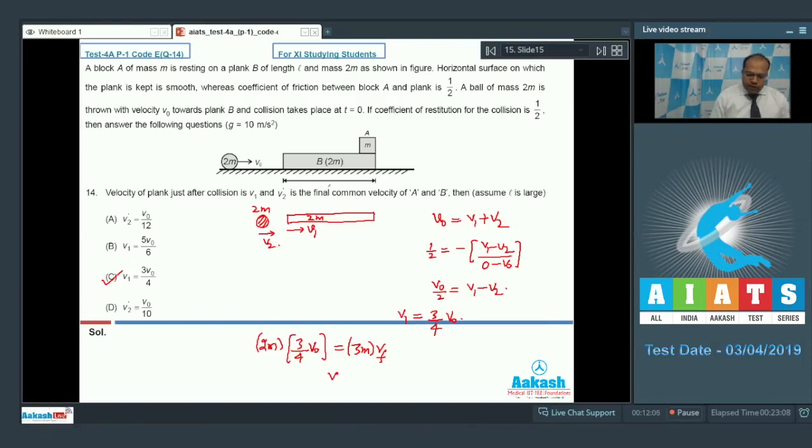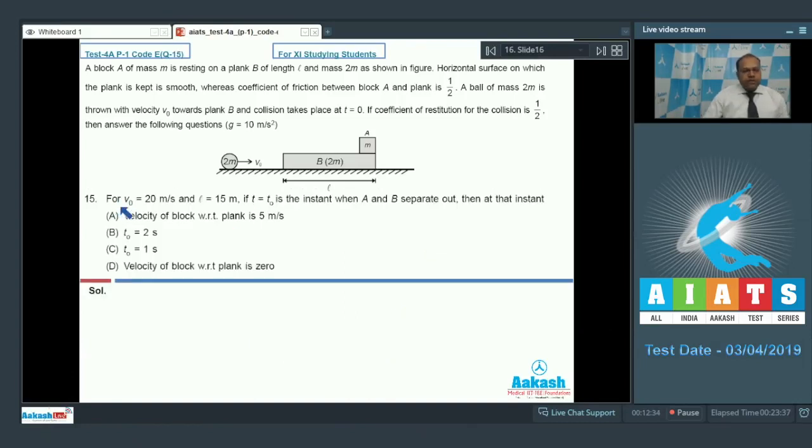So from here the value of v final or v common comes out to be v naught by 2. So in the given options A and D, the value of v2 dash is something else and not v naught by 2. So option C is the only correct answer.